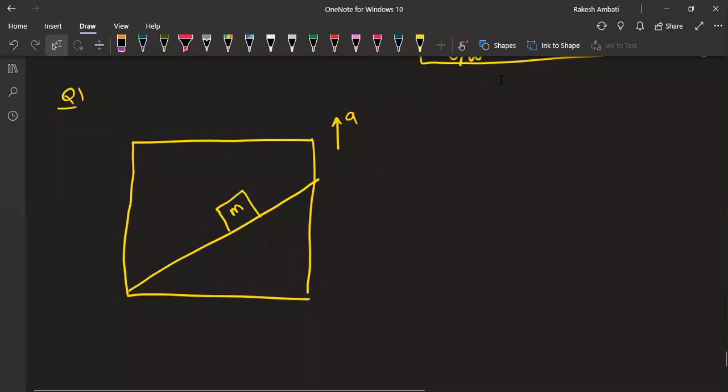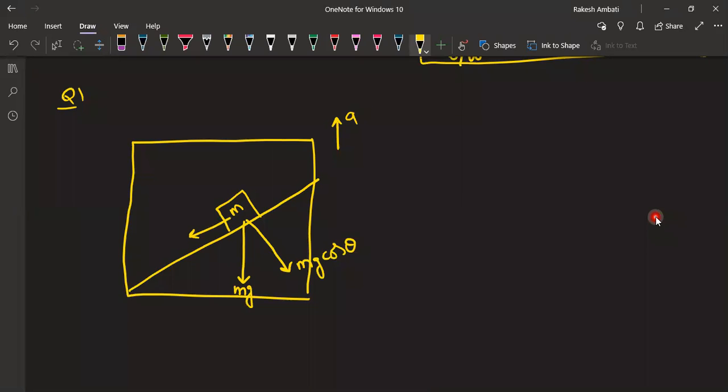So both equations we have to find out. Okay, so m is mass of the block, so its weight is mg. Then after, this component is mg cos theta. Now this component is mg sin theta. This component is normal force acting on the block.